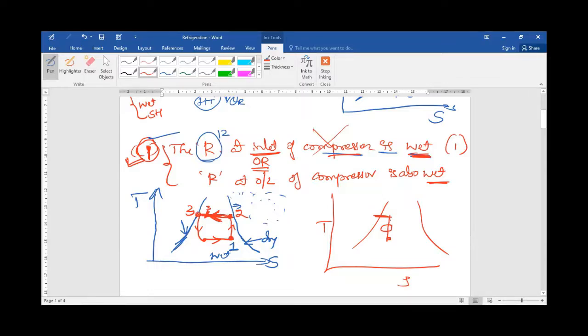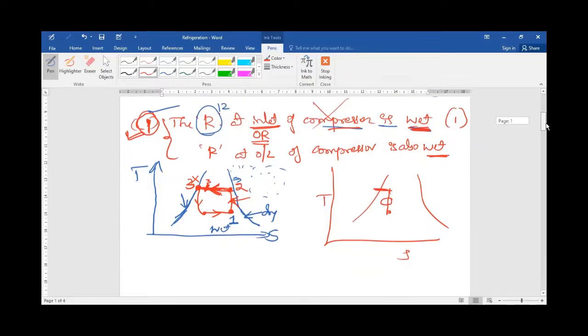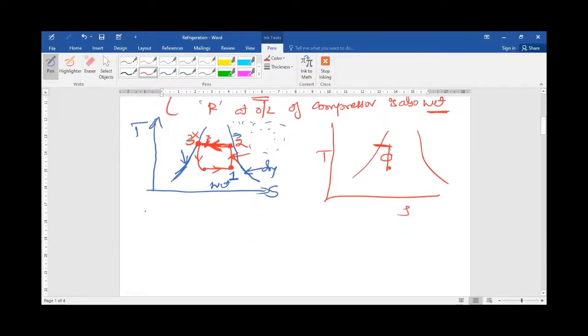Then I have to stop here. But 90% they will not give the condition with respect to condenser. They will give condition with respect to compressor only. Okay, this is first case. I will use a second case. Do not worry. If you did not understand the first case also, try to understand second so that you will understand first easily. No issues.